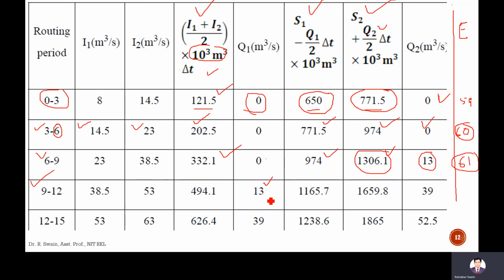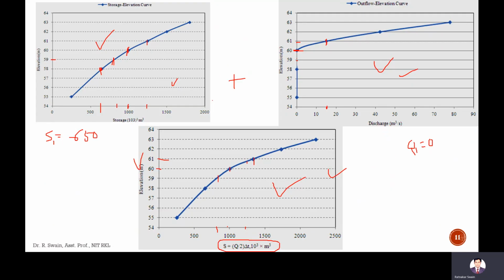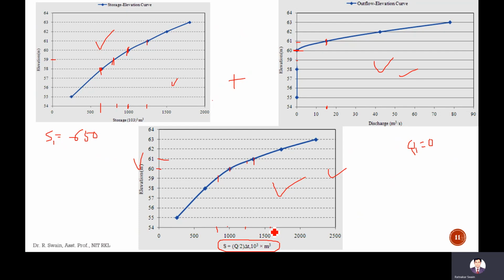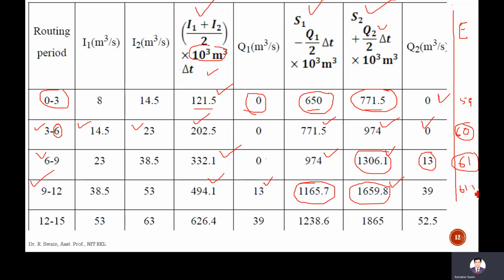So here this value 1165 is calculated. So 1165 plus this value will be this value. Corresponding to this value 1659, the elevation is somewhere here, about 61.5, so you write here 61.5.